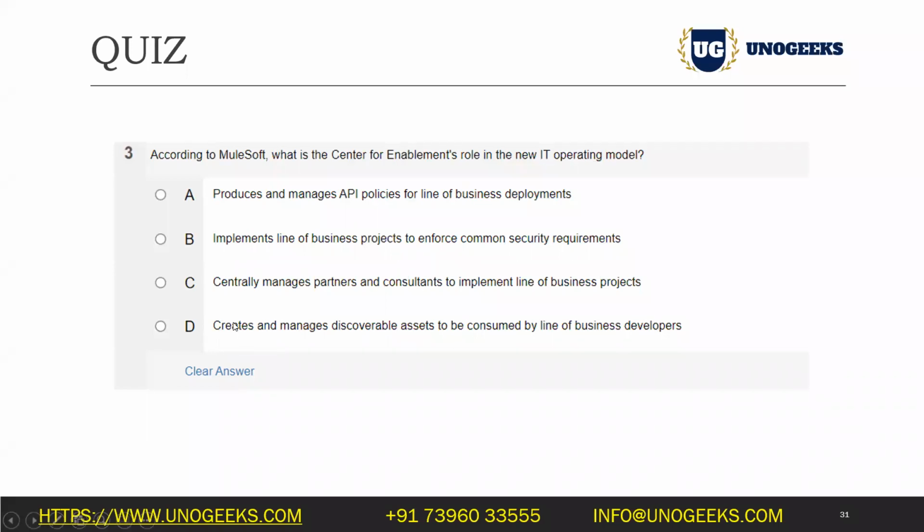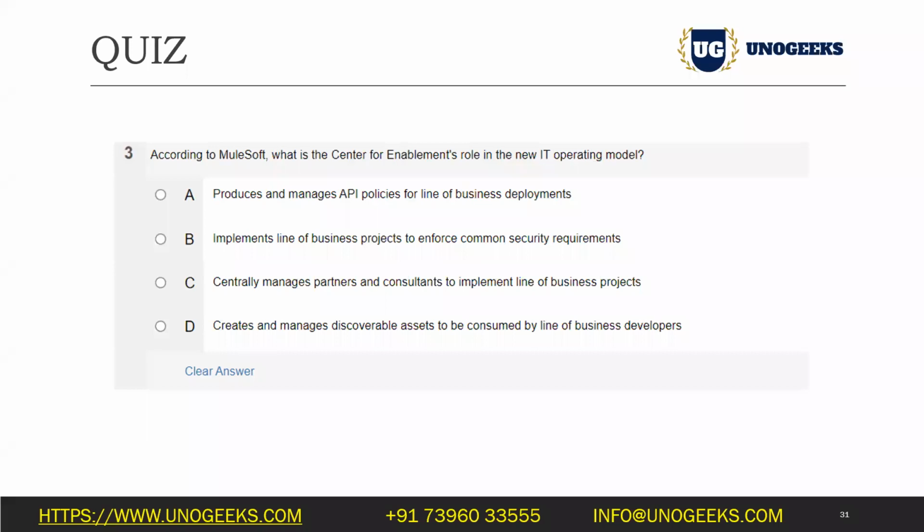If you see the last option, it says creates and manages discoverable assets to be consumed by line of business developers. So this fits our need, that it creates and also manages discoverable assets, which are already there, and it says give it to the business developers. So this is the correct answer for the third question.